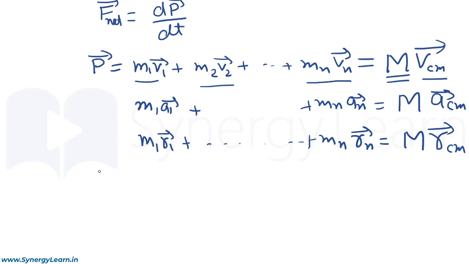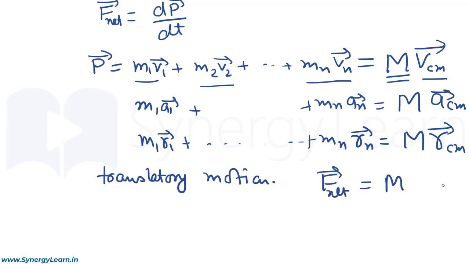But remember, center of mass represents translatory motion. Center of mass can represent momentum. Center of mass can represent net force equal to mass into acceleration of center of mass.